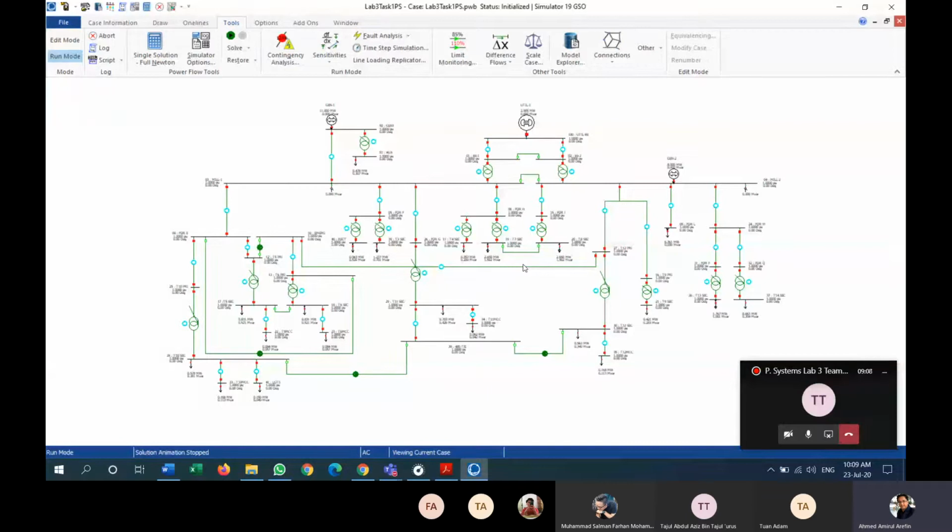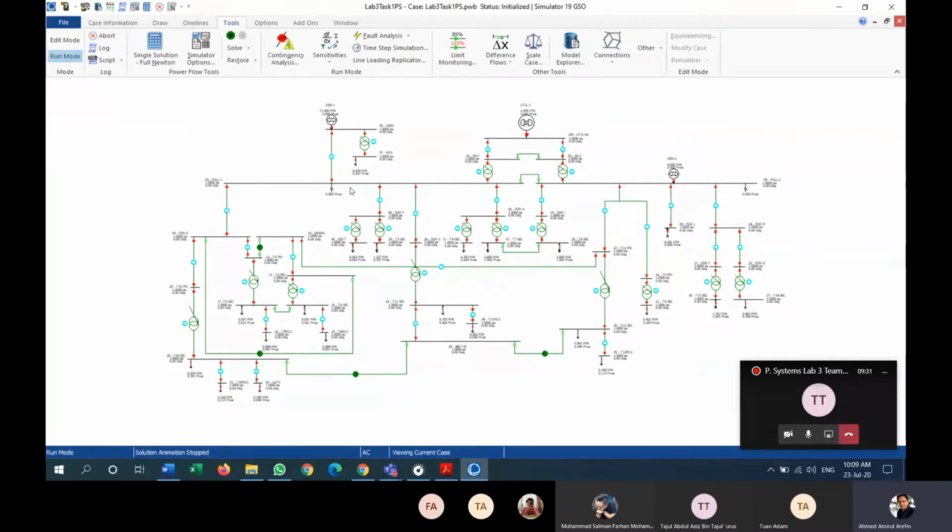You can see that this is a very complicated network where you have lots of generator buses and transformers. This is the utility. So you have to run the power flow and analyze some particular parameters.